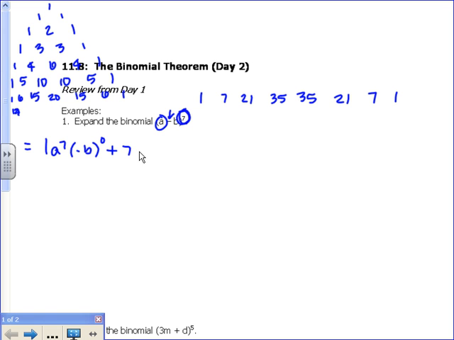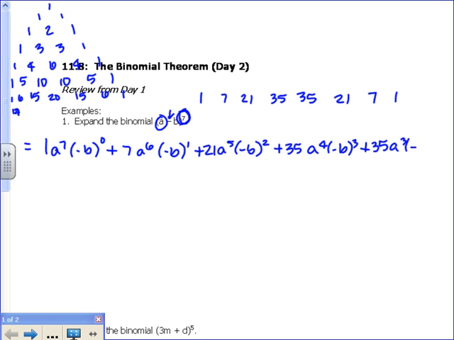Plus, my next coefficient is a 7. A to the 6th, because I'm going to begin to count down with my a's, but I'm going to count up with my b's. Plus 21, a to the 5th, negative b to the 2nd, plus 35, a to the 4th, negative b to the 3rd, plus 35, a to the 3rd, negative b to the 4th, plus 21, a to the 2nd, negative b to the 3rd.